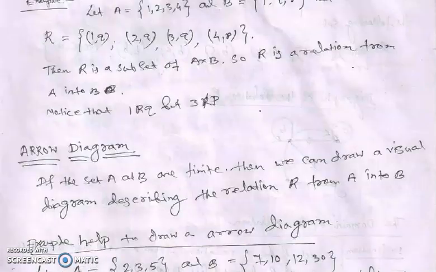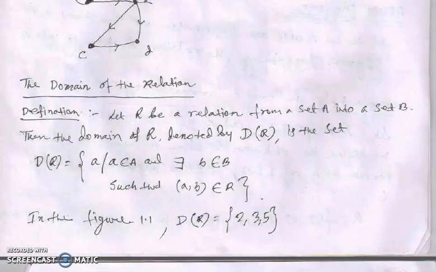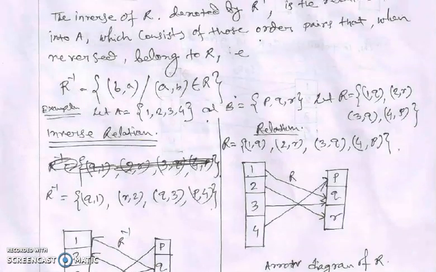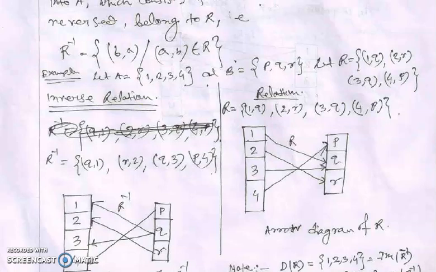So here it's another example. You can easily observe the inverse relation R inverse according to the previous diagram. According to this diagram, A is the set 1, 2, 3, 4.